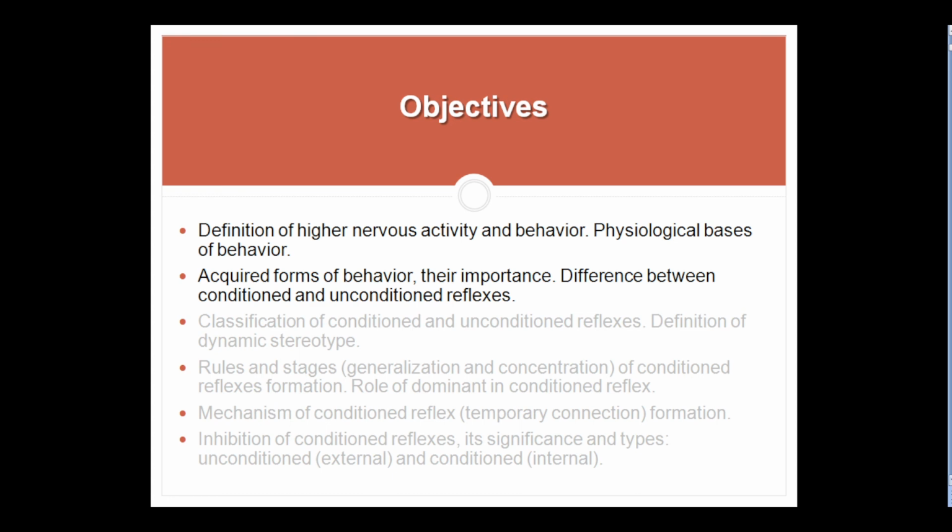Also, we will take a look at a few classifications of conditioned and unconditioned reflexes, and we will define the dynamic stereotype. We will look at the stages and rules you need to follow if you want to develop a conditioned reflex. And we will discuss the role of dominance in conditioned reflexes.